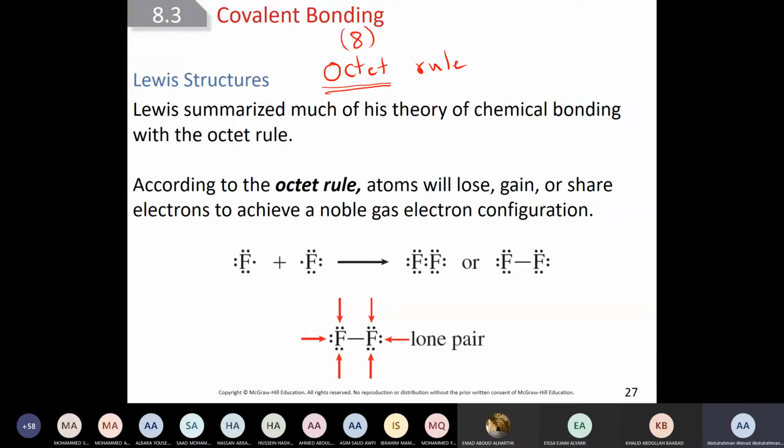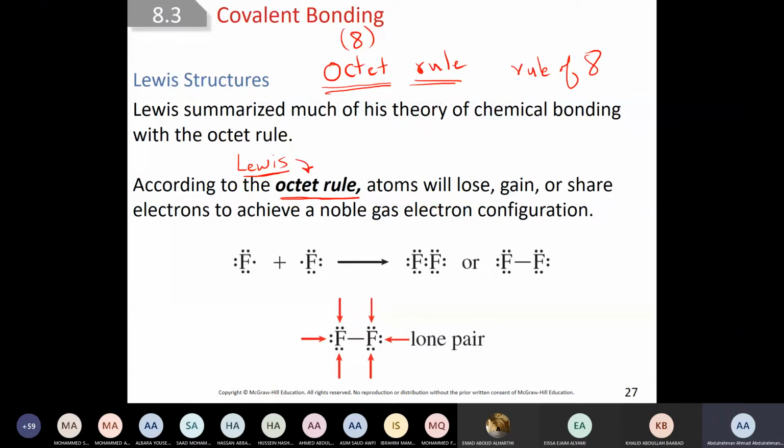When you say octet rule, what's the meaning? Rule of 8, exactly. I want you to memorize the name octet rule, which was proposed by Lewis.